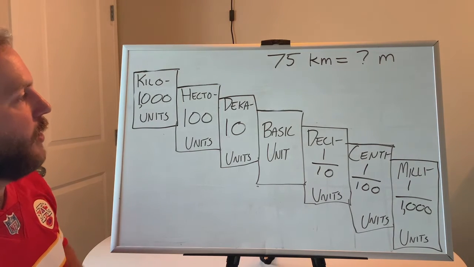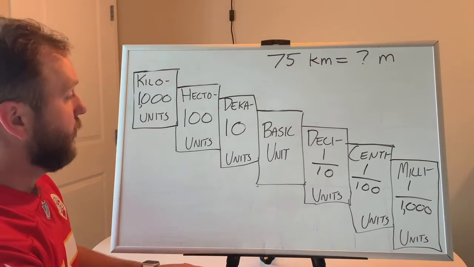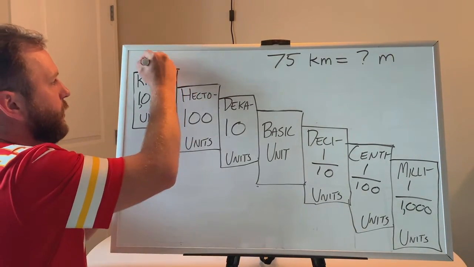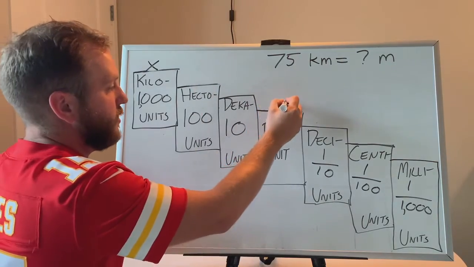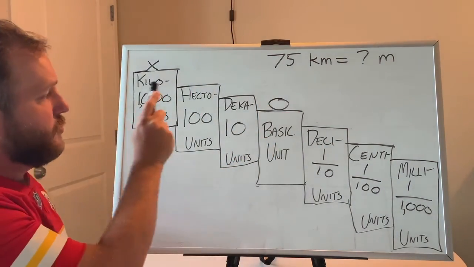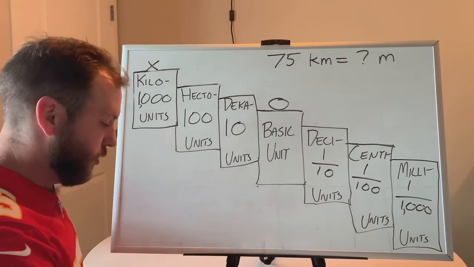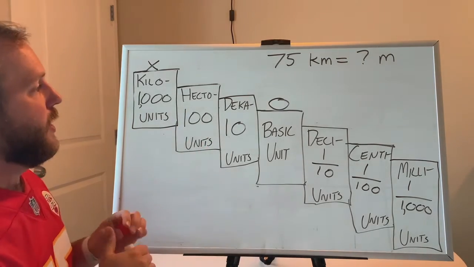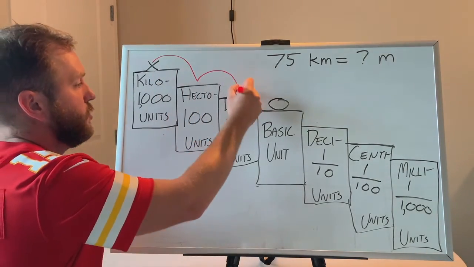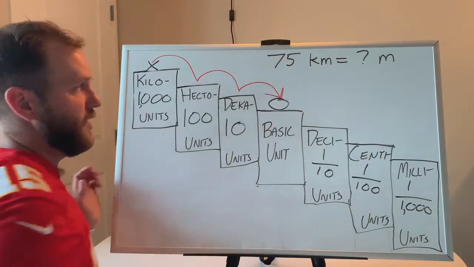Let's look at where we start and end on our staircase. We start at kilo, and we end at our base unit. So we are going from left to right, to a smaller unit. Let's count how many steps that is. We go 1, 2, 3 steps.